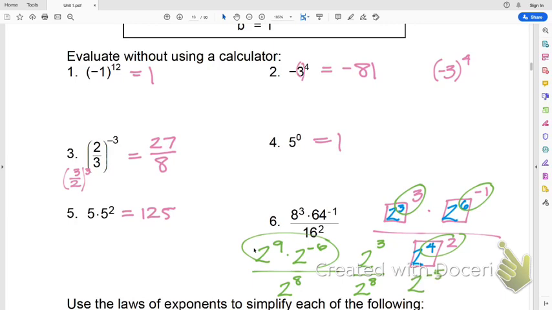Now what's my negative rule tell me? Negative exponents, they go where? Under 1. Last but not least, 2 to the 5th power is what number? 32.